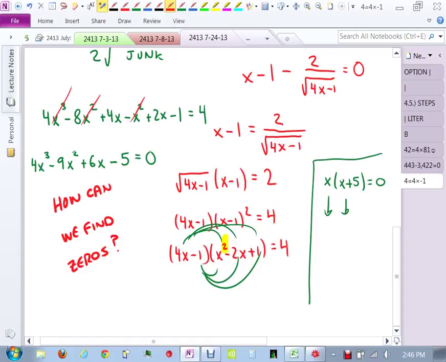I have a TI-89, but you could go to Wolfram Alpha and just type solve and enter that. I'm going to do solve 4x cubed minus 9x squared plus 6x minus 5 equals 0.